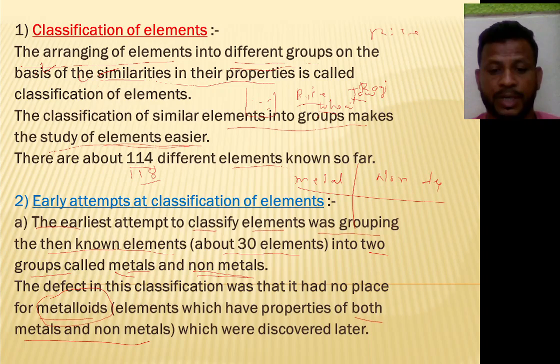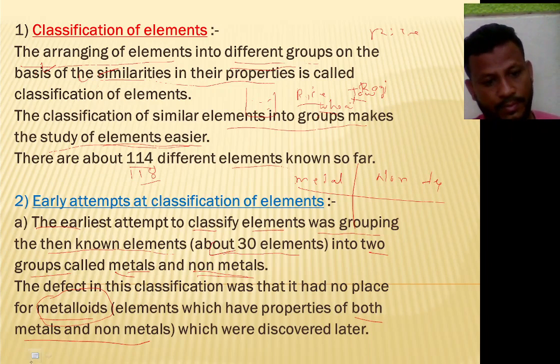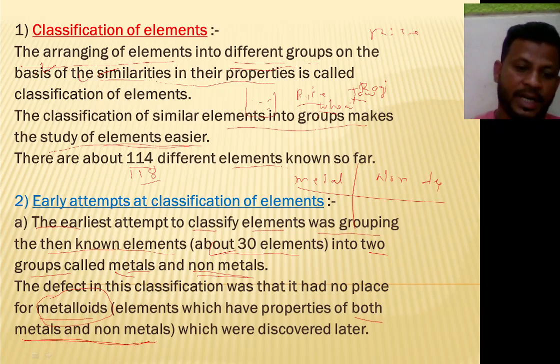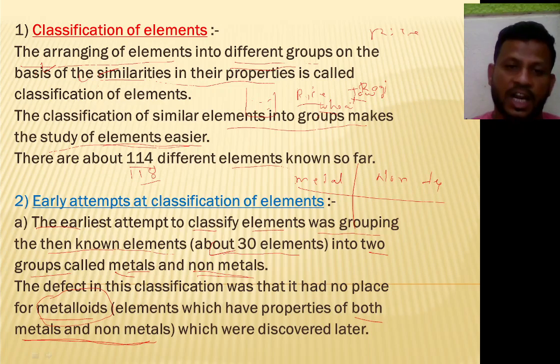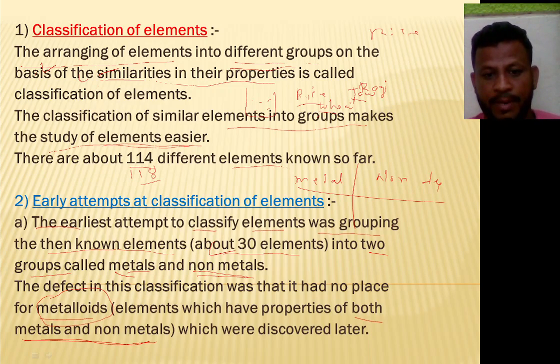Metalloids have the properties of both metals and non-metals, which were discovered later in those days. This was the first attempt by the scientists. Only 30 elements were known at that time, and they were divided into 2 groups: metals and non-metals.